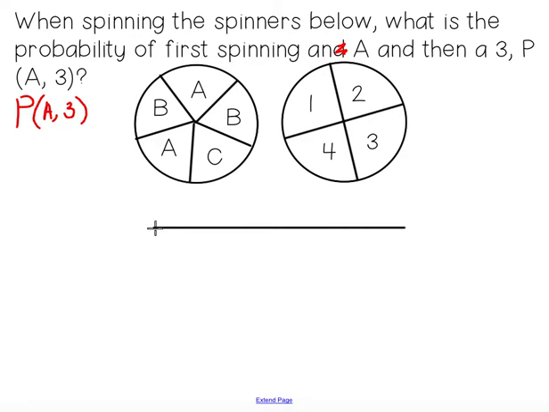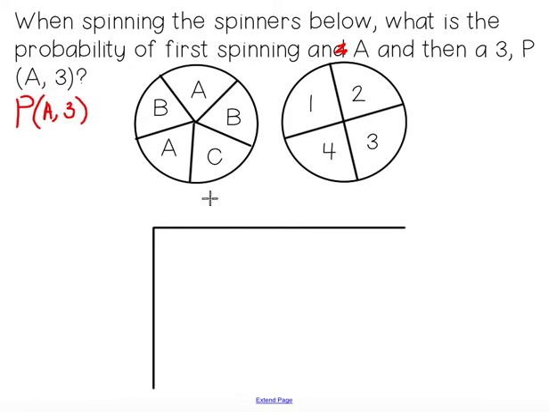And you have, again, a couple different ways that you could set this up. So our first spinner has A, B, C, A, and B. I'll go through 2 ways of how you could set up the table, and you get to choose which one. I'm going to first go with showing you where you write out all the different options.